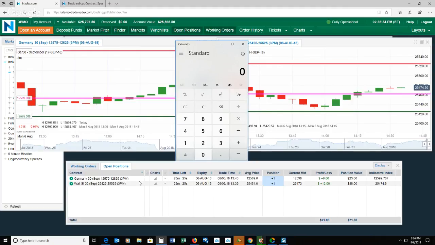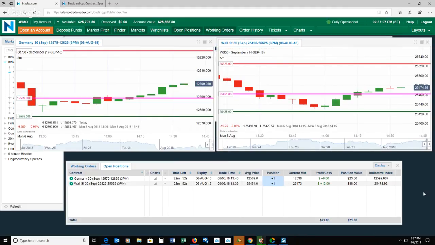And I would bet that the Wall Street 30 comes up under that because I believe it was $36 on entry, which comes up to 33%. It's one of the reasons you should actually look at some of the other markets.